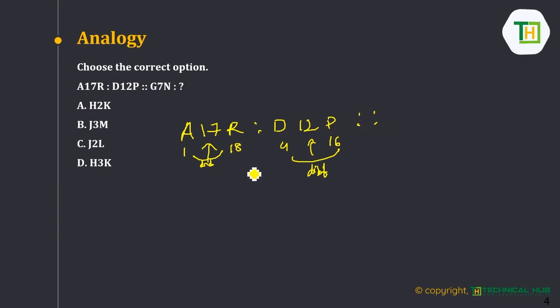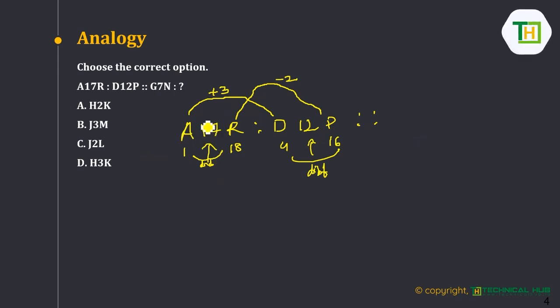So what is the logic? First of all, observe that A is changed to D, which means adding 3, and R is changed to P, which means subtracting 2. The same logic is applied to the third one to get the fourth one.